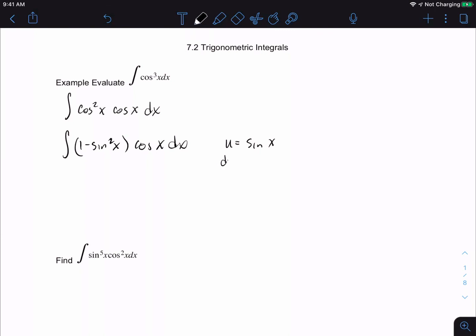When I take the derivative of this, I get du equal to cosine x dx. We notice that cosine x dx takes care of this, so this whole thing right here will become my du. What I'm going to have is 1 minus u squared du, and the sine squared piece becomes u squared.